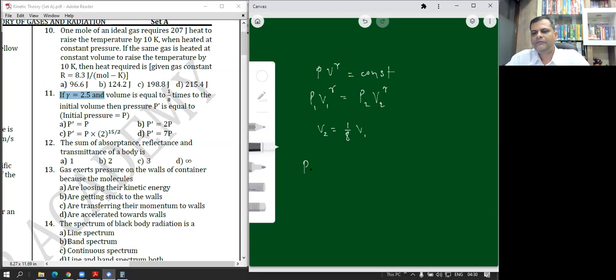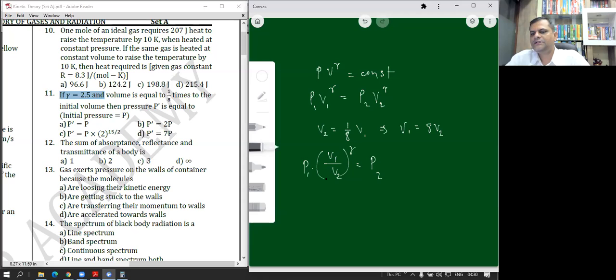So we send V1 raised to gamma to the other side, so P1 into V1 upon V2, the whole raised to gamma, is going to be equal to P2, because P2 is to be found out, right? Since V2 is equal to 1 upon 8 times V1, V1 is equal to 8 times V2.